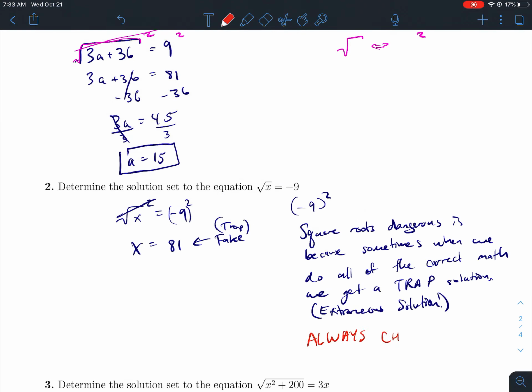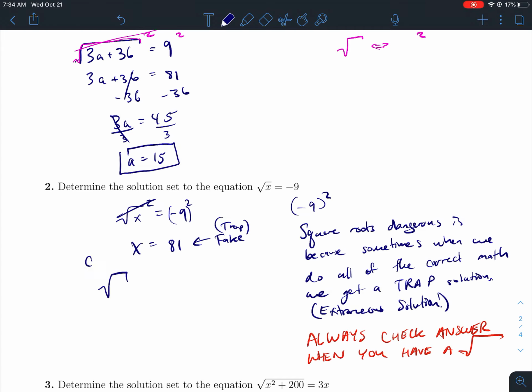I am not really that careful of a person in my actual life or in math really, but with these square root problems, you have to check your answer, because they will actually give you fake answers or trap answers otherwise. Alright, so let's check this one and see what we mean.